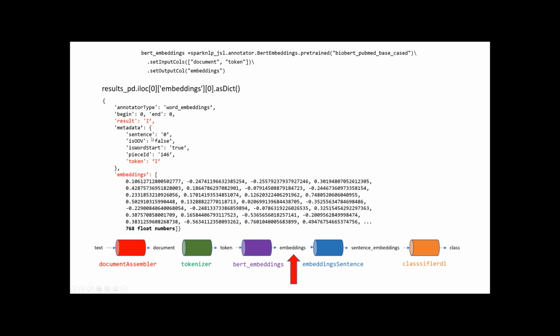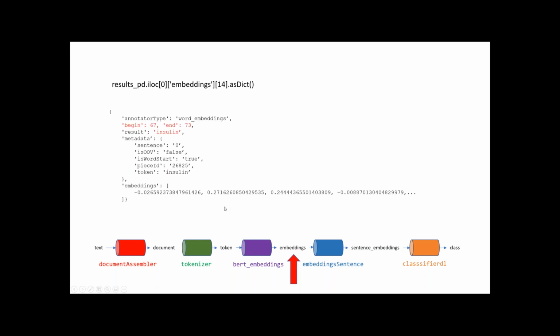For the word I, the first word in the first sentence, the token I will be represented by this long list of numbers. We can have another example, for instance the word insulin in the first sentence, that will be represented by a different list of numbers. Words with similar meaning will have similar numbers. This is the idea behind embeddings.